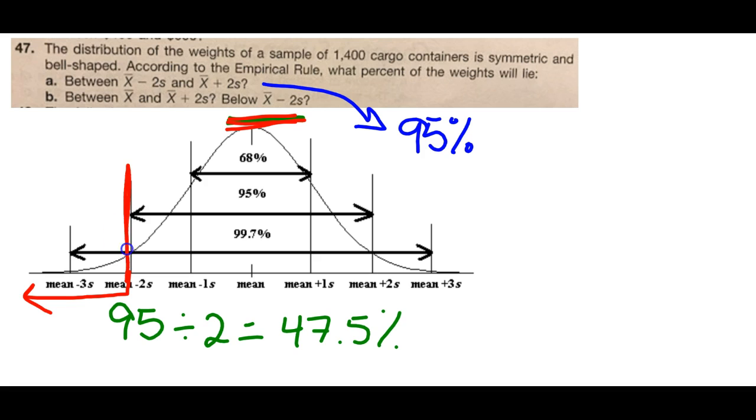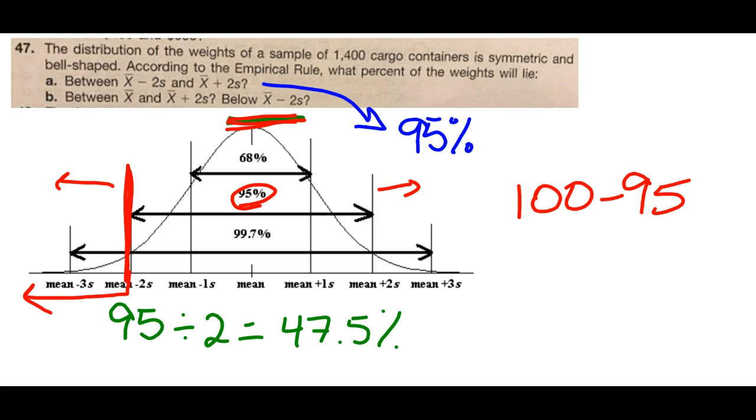So again, we're dealing with this 95%, but we're looking outside of it. So what's left, if we're looking towards this end, we have to do 100% minus 95, which will give us this value out here and out here. 100 minus 95 is 5%, but that's for this side and this side.